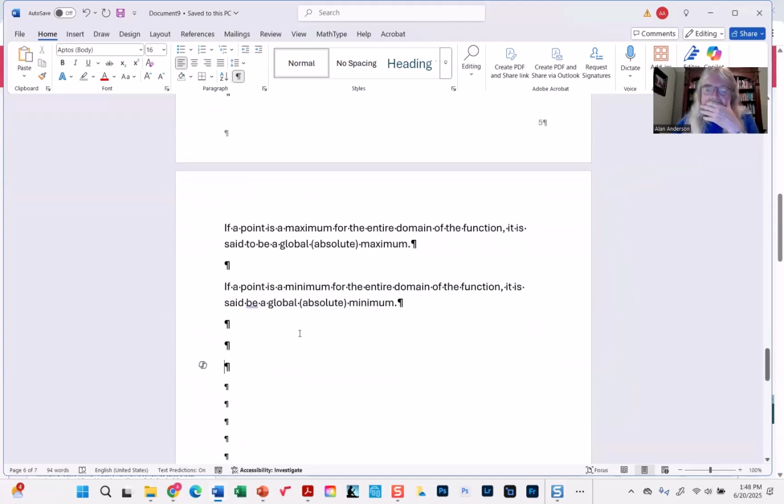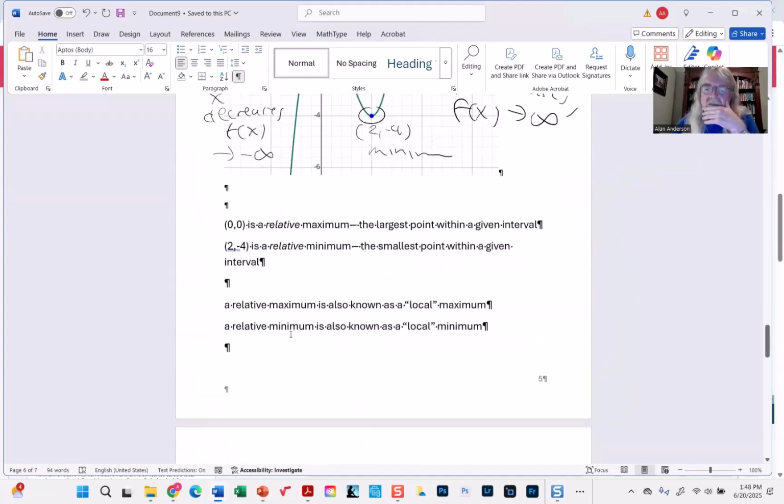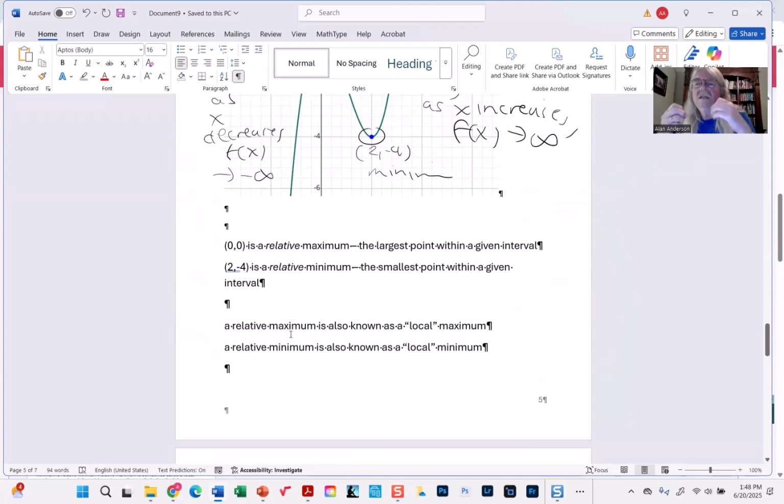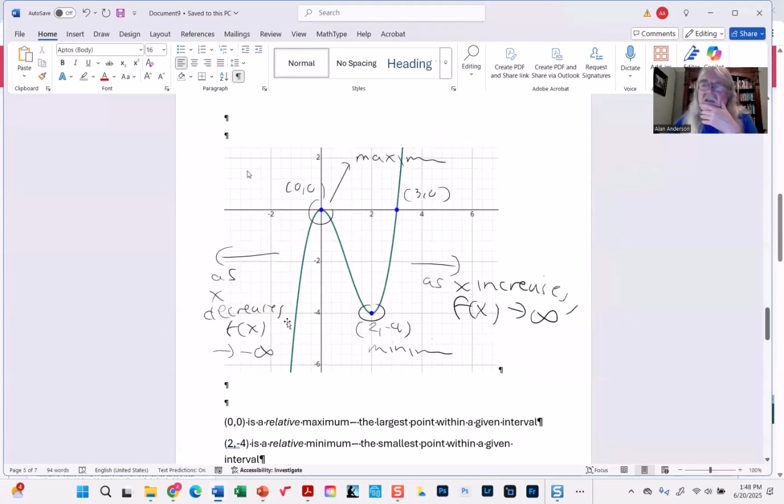All right. So a point can be a maximum or a minimum, but then we need to specify whether it's a local or relative or a global or absolute. The function can have many relative minima and maxima, but it can only have one absolute minimum or maximum.